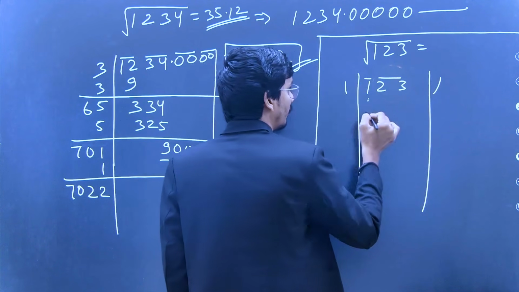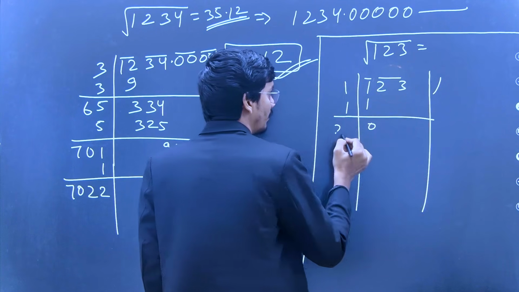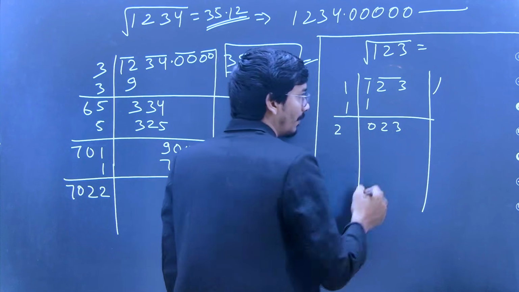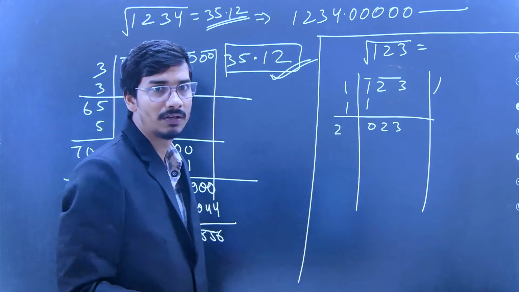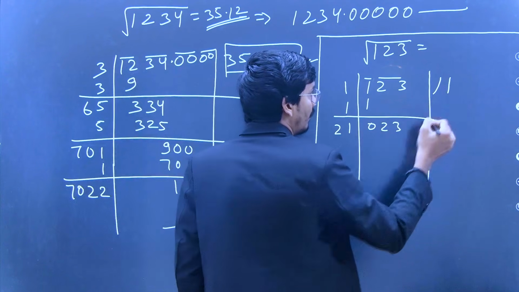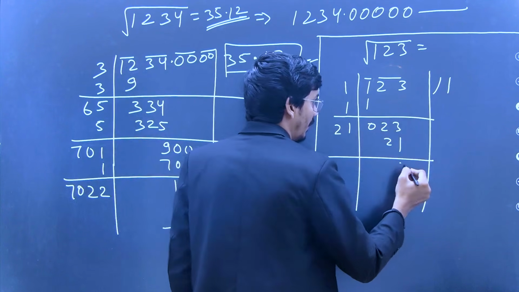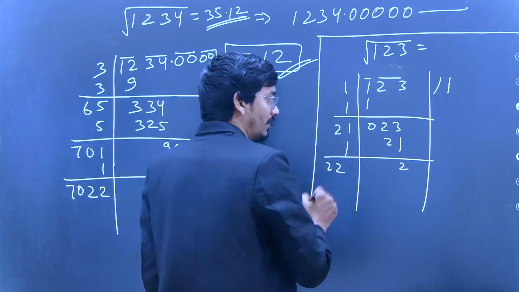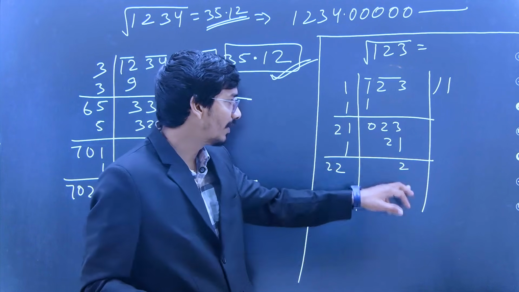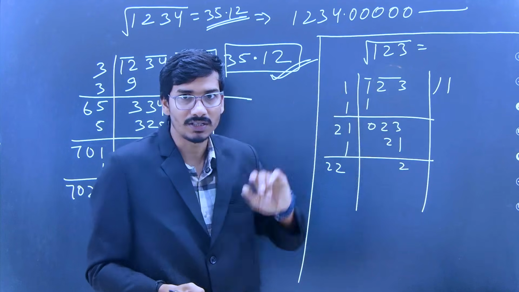For 1, 1 times 1 is 1, remainder 0. 1 plus 1 is 2, and it's 23. Now by what number? 21 into 1 is 21. Remainder 2, it's 22. Now further division is not possible because no number exists.